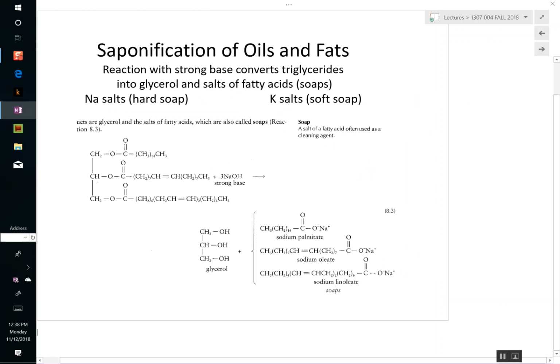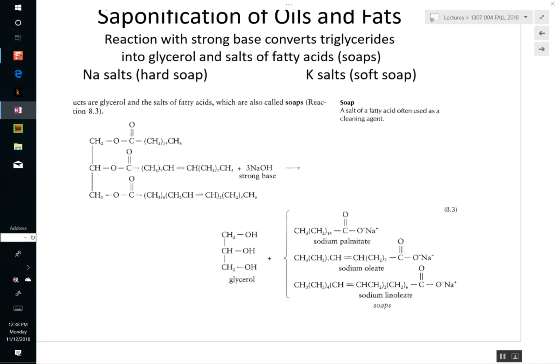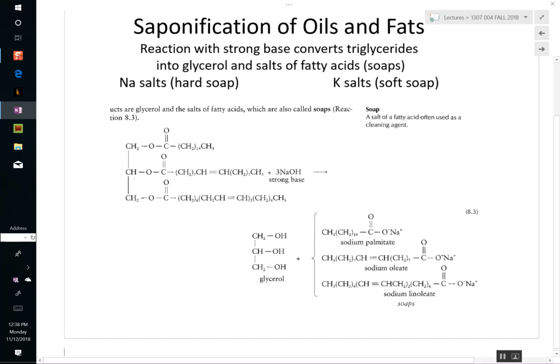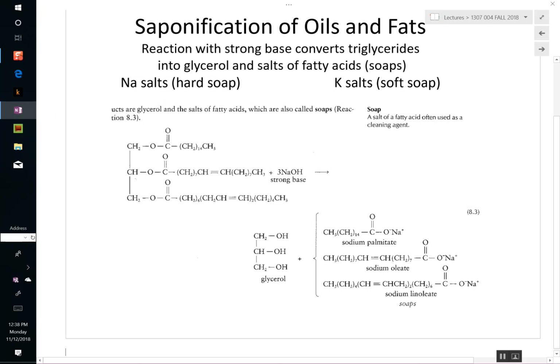Now here's saponification. This is a reaction that's going to be taking place outside of the body. So this isn't necessarily what the body is doing. But if you wanted to use olive oil to make soap, this would be the way to do it. And notice you got 3 NaOHs because you have 3 esters here. You're going to get glycerol just like with hydrolysis. But instead of the fatty acid, you're getting the sodium salt of the fatty acid.